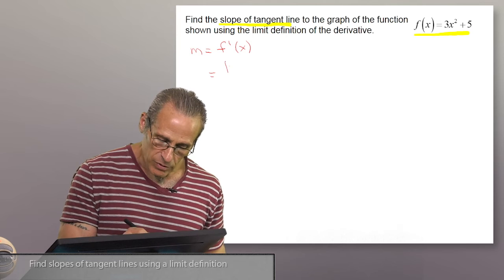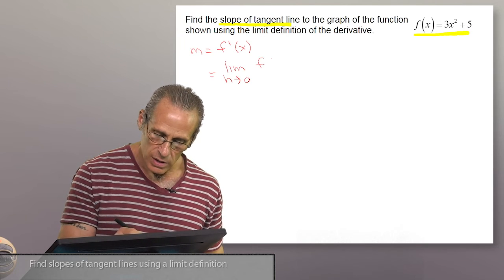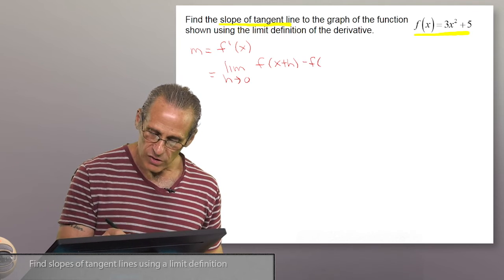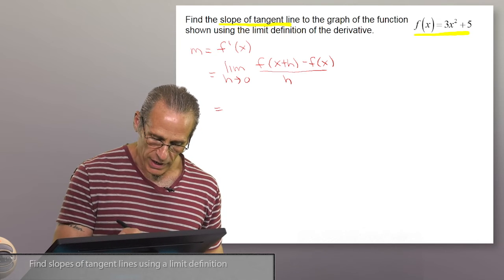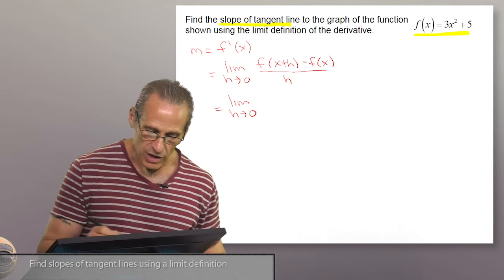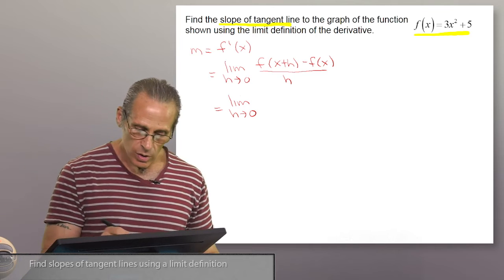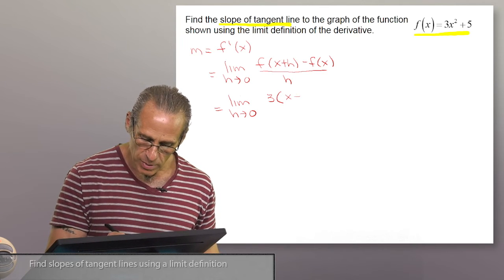And I'll go ahead and evaluate this limit as h approaches 0 of f of x plus h minus f of x over h. Now to evaluate it, I'll again write the limit as h approaches 0, and f of x plus h, well, that would be 3 times, instead of x, I would substitute in x plus h.